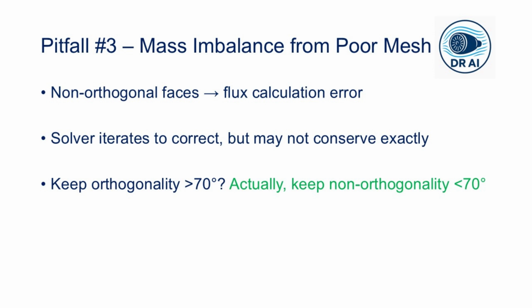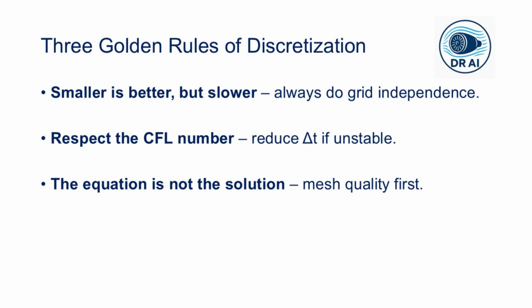So moving on to the summary and the golden rules, let me distill two or three rules you can carry with you forever. Golden rule number one is that smaller is better but slower. Always perform a grid independent study. The best mesh is the coarsest mesh that gives you the answer you need. Golden rule number two is to respect the CFL number.